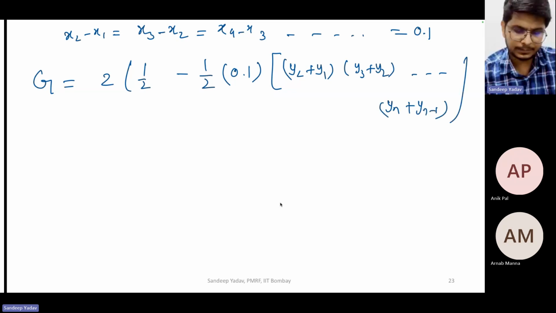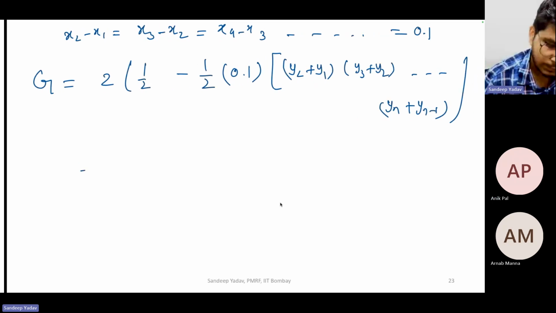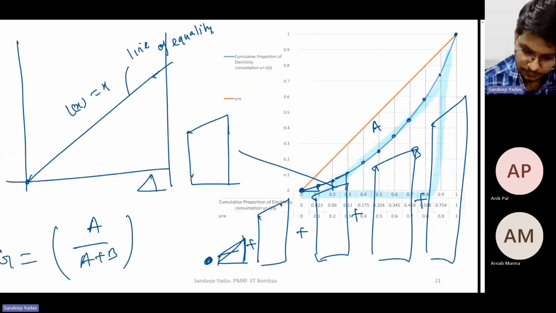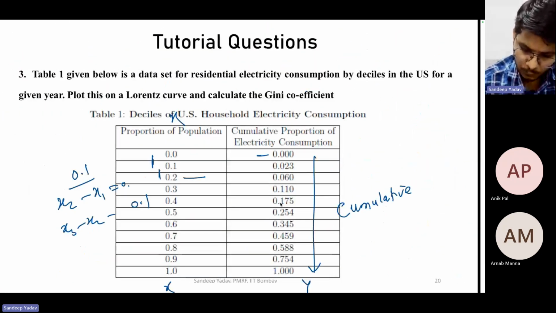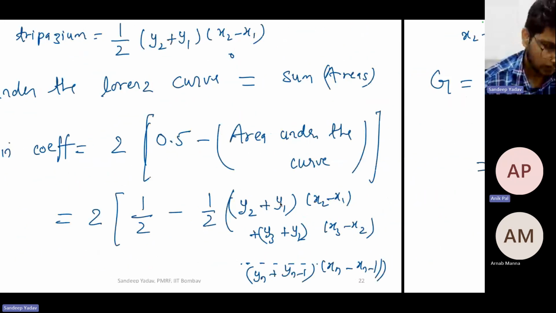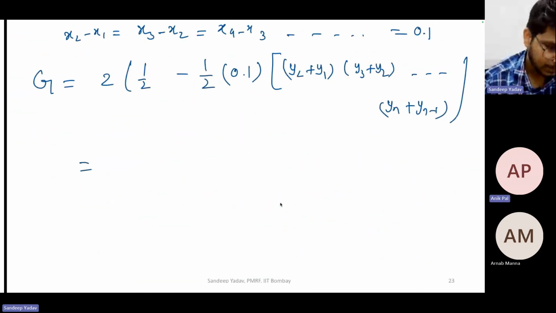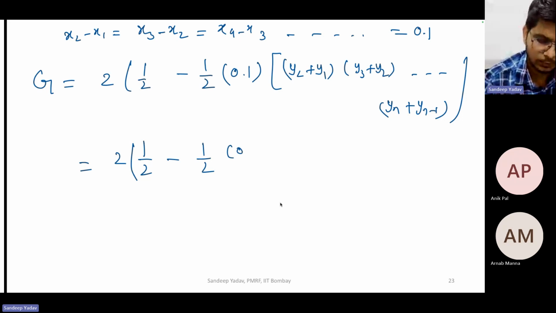Because we have taken the x differences common. Now we know the values of y2 plus y1. Yes, we have been given y0, y1, y2, y3, y4, so we can put in all these values.